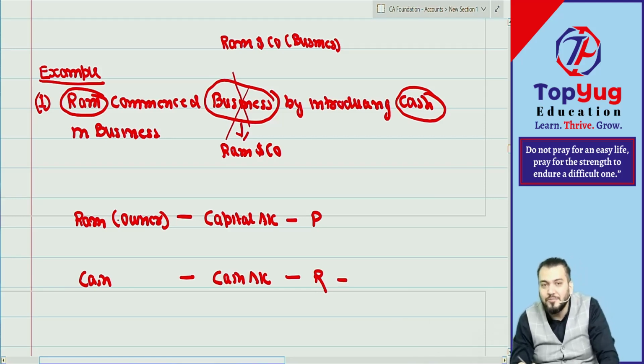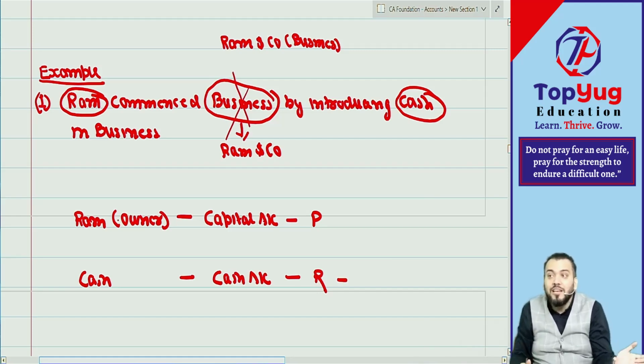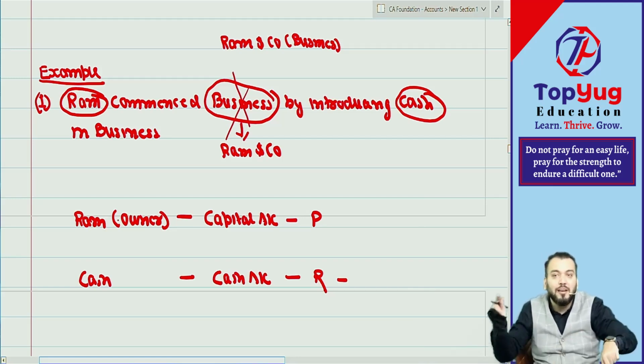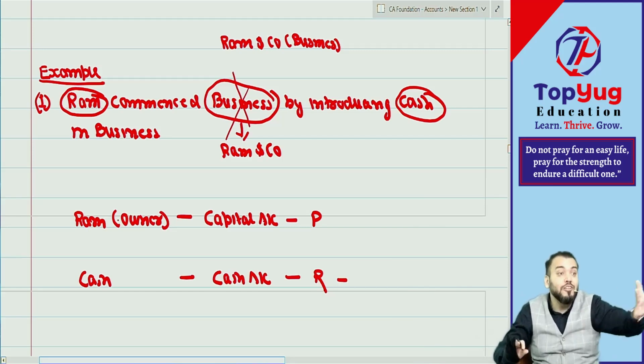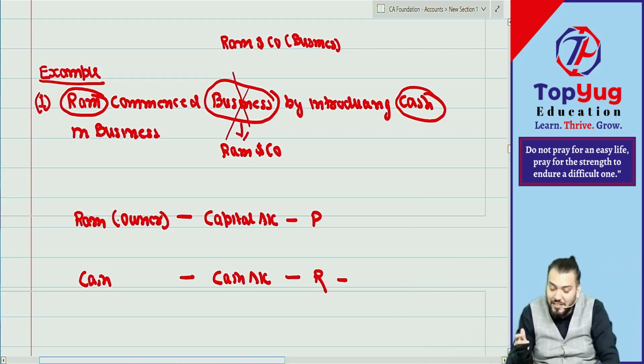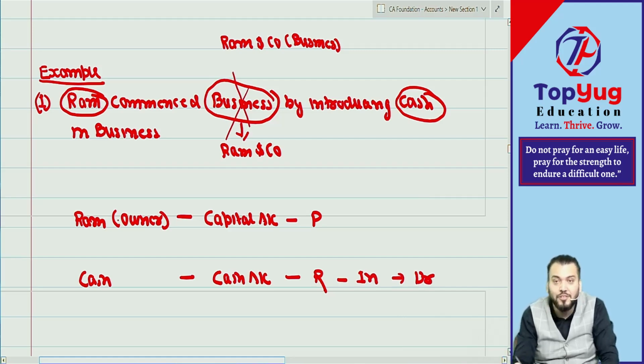Debit what comes in. But is the cash coming in or going out? We are doing accounting of Ram and Company, so we will not think from Ram's point of view, we will think from Ram and Company's point of view. Understood? Cash is coming in, so it is debited.